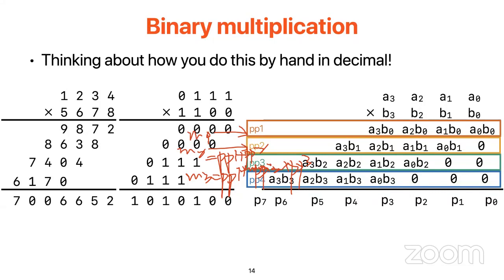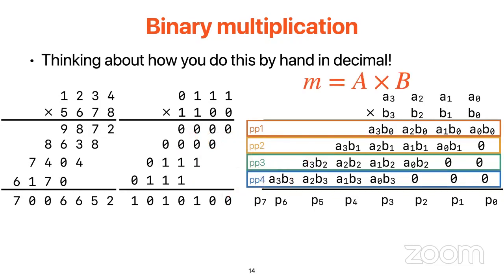So if that's our goal, then essentially this is what you want to get. You want to get M equal to A times B. And in each cycle, we generate something called Mi plus 1. So in cycle 0, we generate M1, which is M0 plus 0.